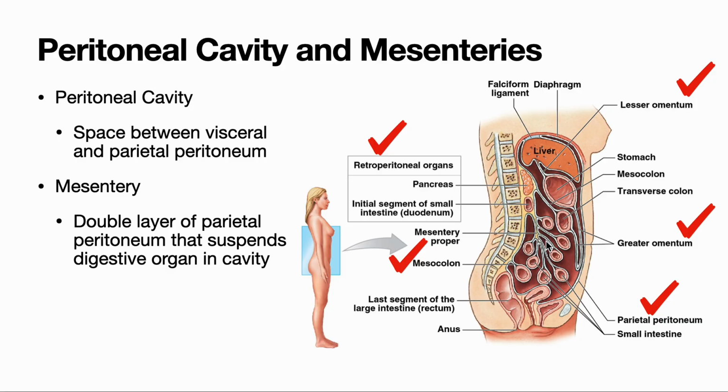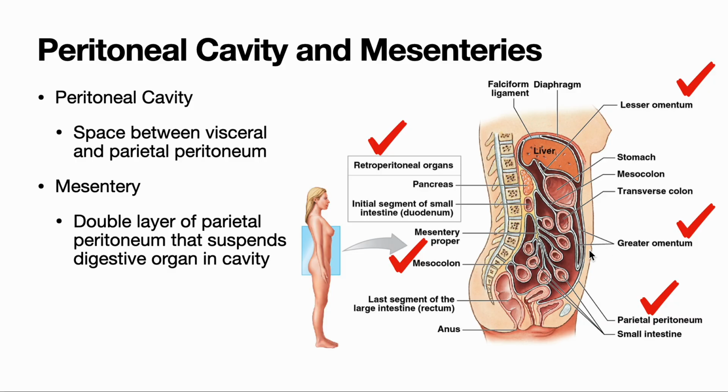So that mesentery serves that role. It's also going to provide a pathway for blood vessels and nerves to travel to and supply the digestive organs. Blood vessels and nerves can't just float through empty space. They need some kind of tissue to travel through.